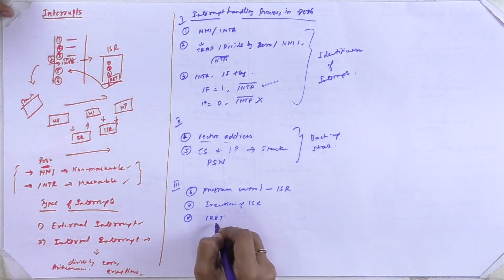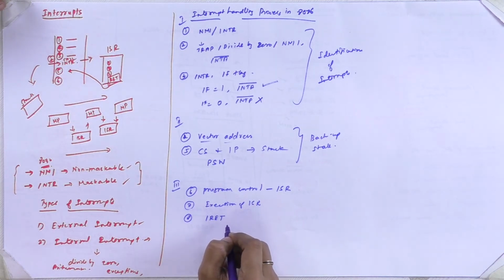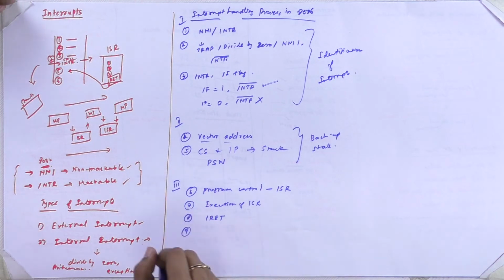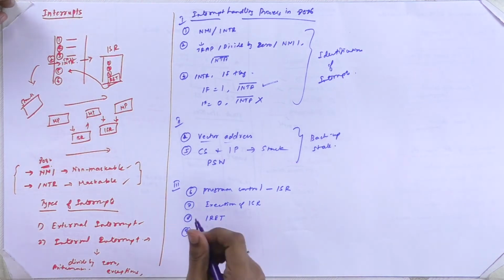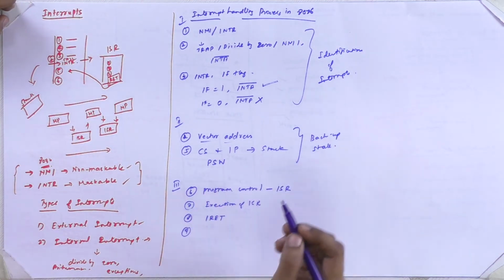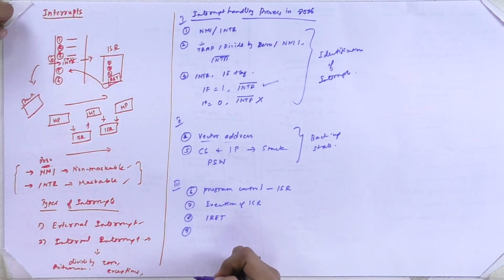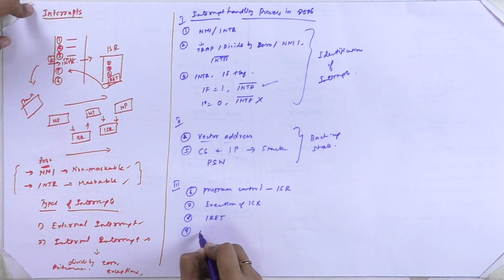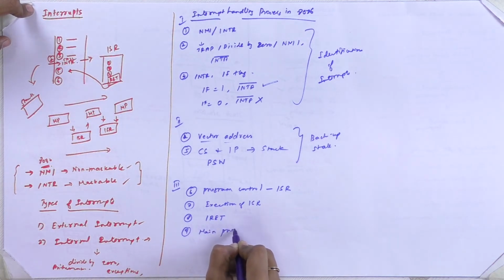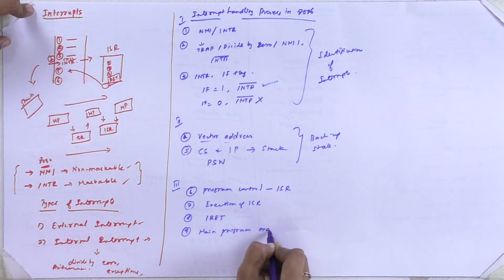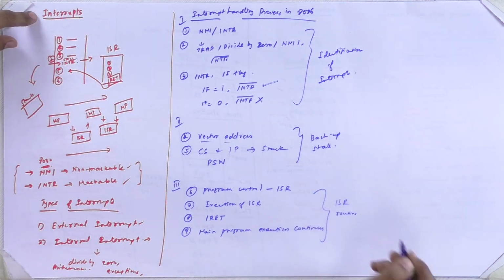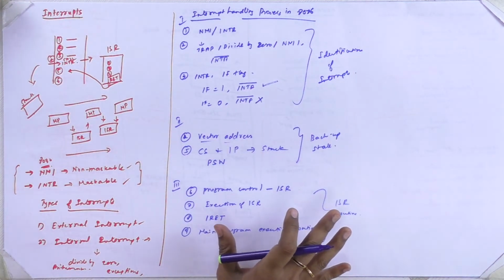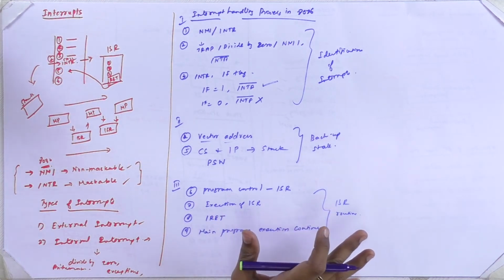The IRET instruction is executed and the processor continues back to its original normal position by popping all the values from the stack and retrieving them into their original register positions. Finally, the main program execution continues. So these are the 3 sequences in which an interrupt is handled in the 8086 processor.